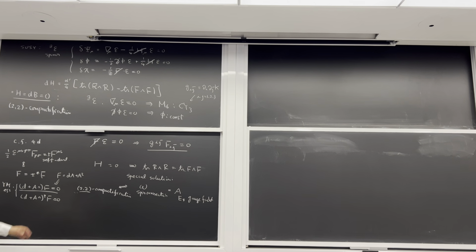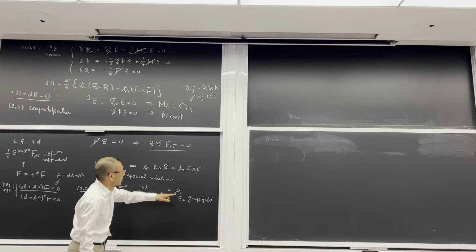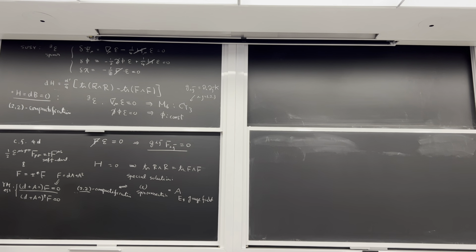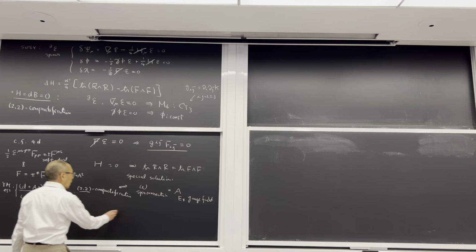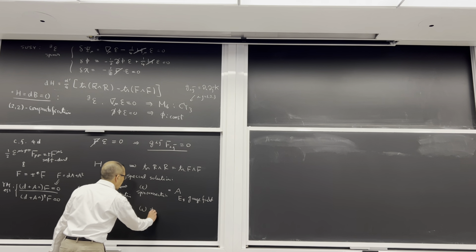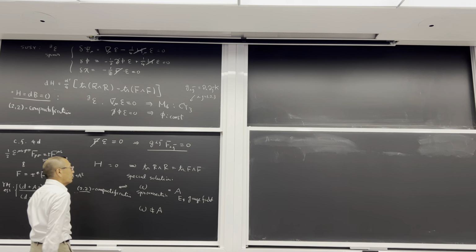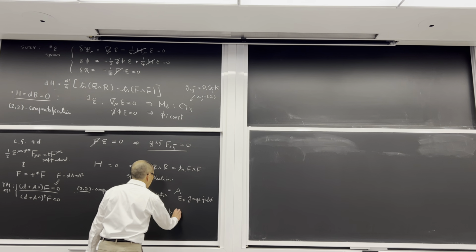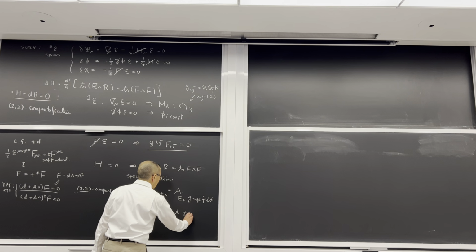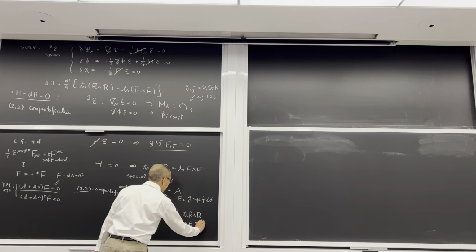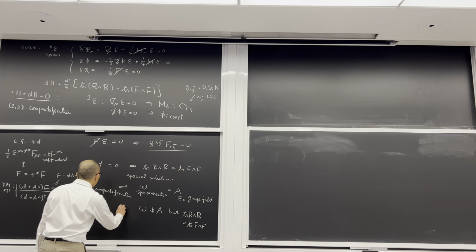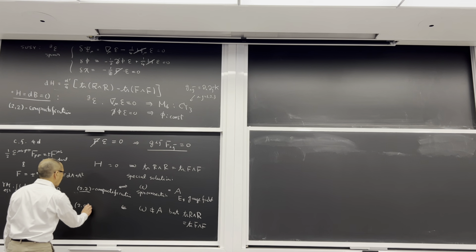In that case, the supersymmetry on the side where the gauge field is coupled to, typically the right mover, has no supersymmetry on the worldsheet. So you can have a solution where omega is not equal to A, but the trace of R wedge R is equal to the trace of F wedge F. And these are called (2,0) compactification.